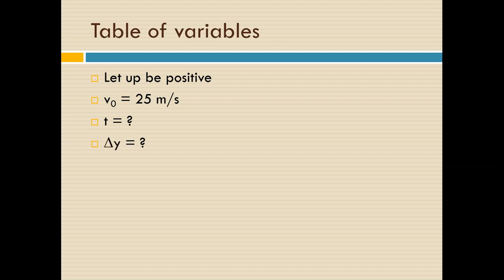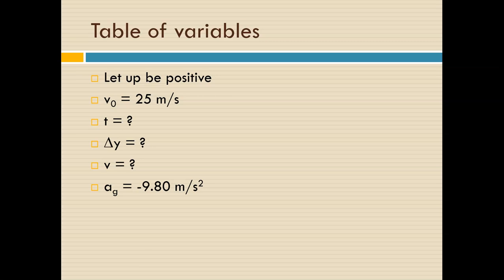We don't know how high it is, so we don't know what delta y is. We don't know what the final velocity is. We're not given it in the problem. But we do know that the acceleration is going to be downward at 9.8 meters per second squared. If we let up be positive, then a sub g is going to be a negative number. All good so far? Okay.